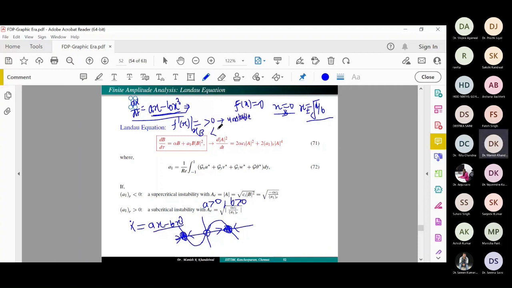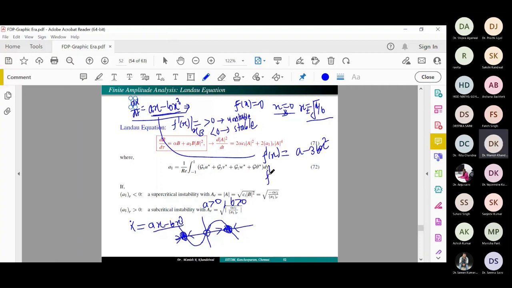If it is less than 0, then we can say it is a stable situation. Now we check it. What is f dash x? f dash x is a minus 3bx squared.